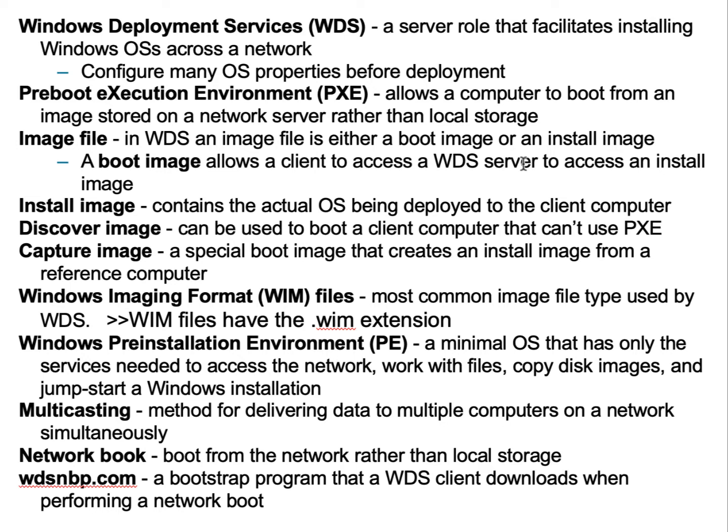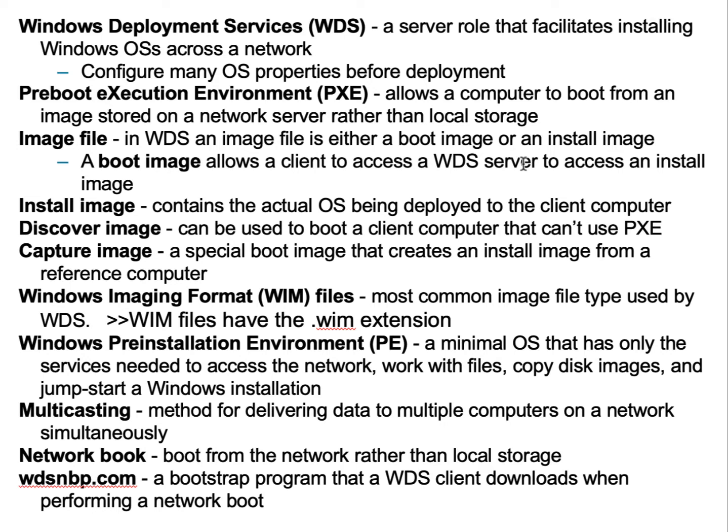Before you get into details of installing and configuring WDS, we need to review some key terms. What you have on the slide right now starts from Pre-boot Execution Environment, or PXE. PXE is a network environment built into many network interface cards that allow a computer to boot from an image stored on a network server, which is referred to as a network boot, rather than from local storage.